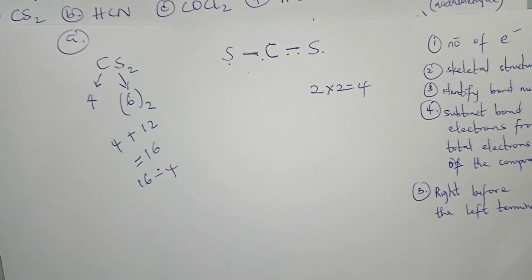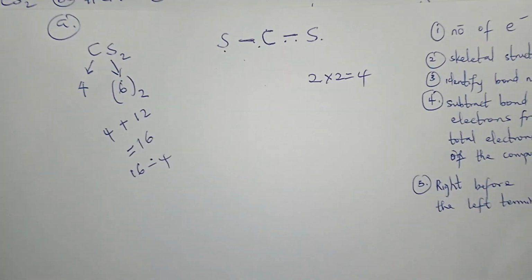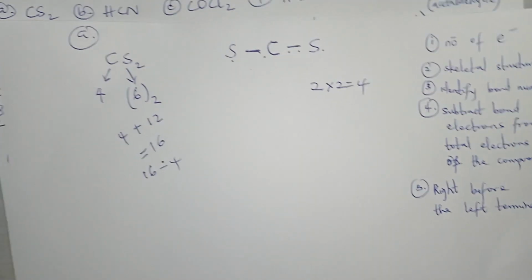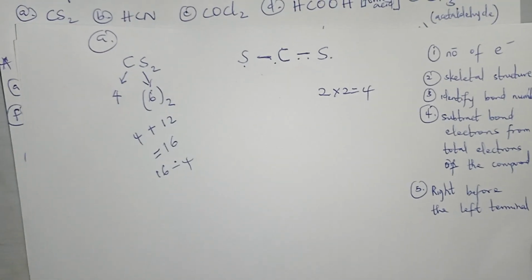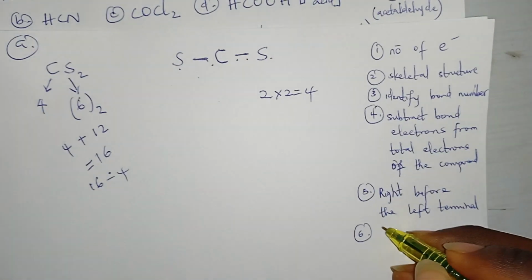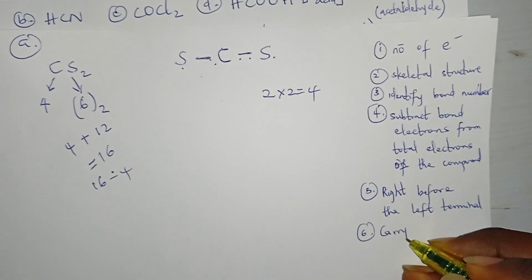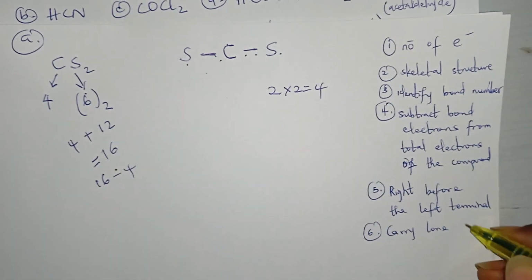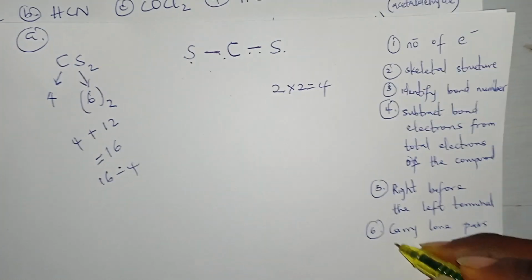When the electrons finish, check if it's balanced. If it's not balanced, you do number 6: you carry lone pairs from the terminal.